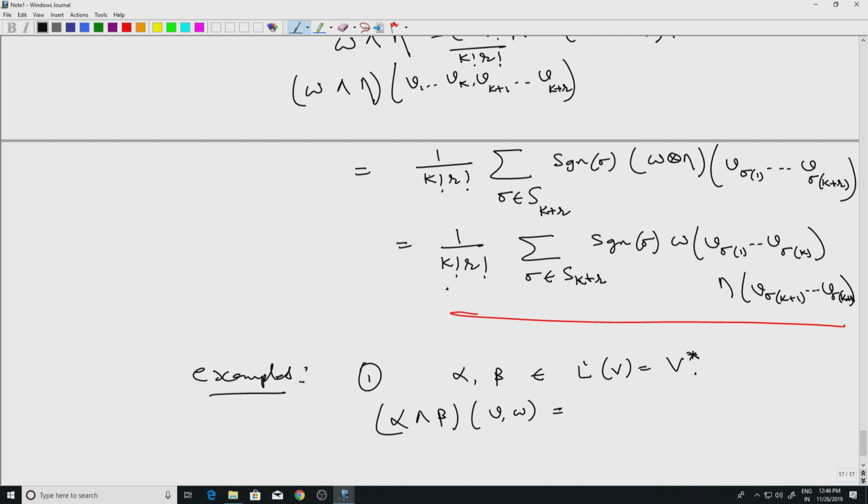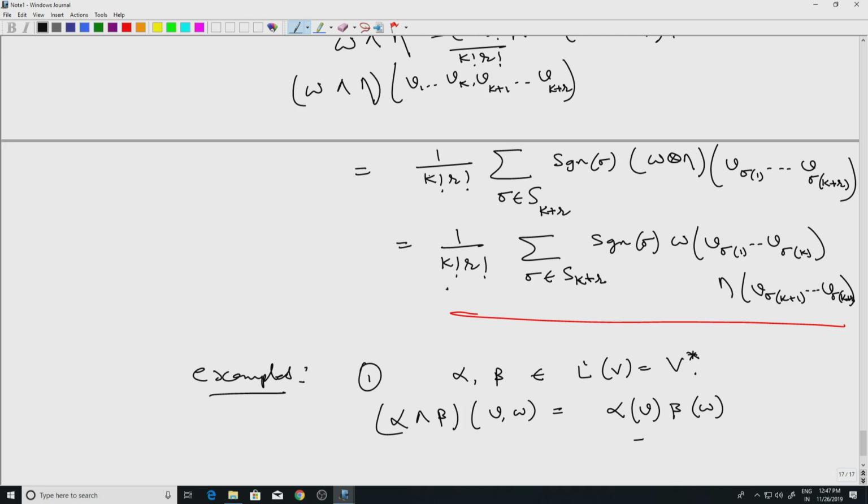The first one is the identity. The identity gives me alpha of v, beta of w, and the second one is a transposition interchanging 2 and 1.